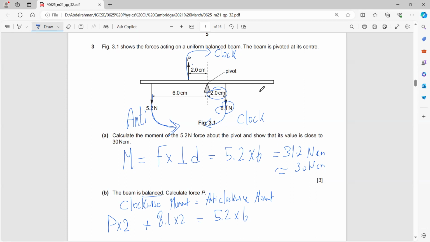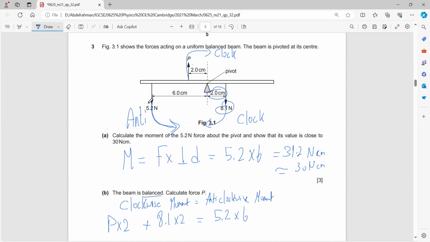The turning effect to anti-clockwise has to be equal to the turning effect on the clockwise moment. They both must be equal. There is no tilting to the left or to the right. When they are equal, it's in equilibrium, it is balanced, it's not tilting, it's not moving, it's not rotating. It's balanced.